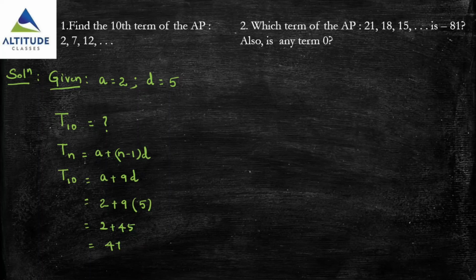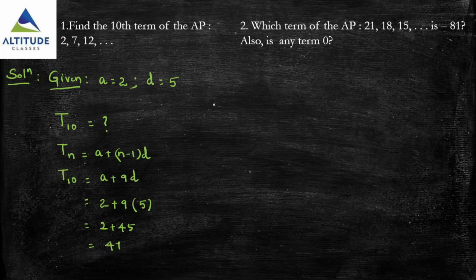It's a very simple chapter. You just need to see what they have given in the question and what is required. You require T10, which means the only unknowns are a and d. If they gave you the sequence, you can calculate a and d.